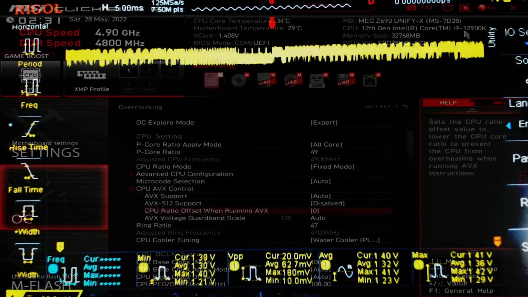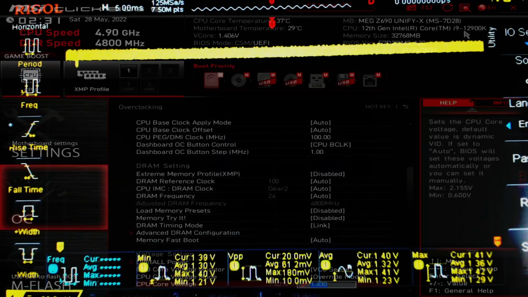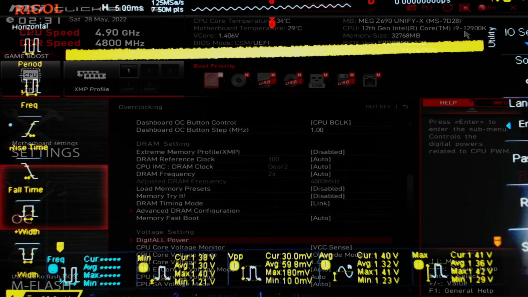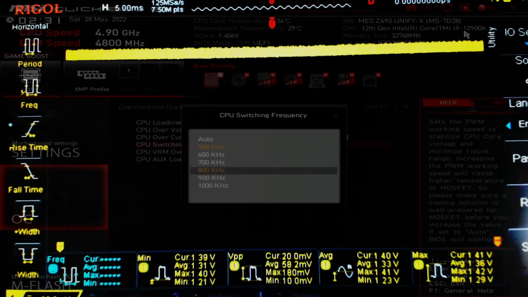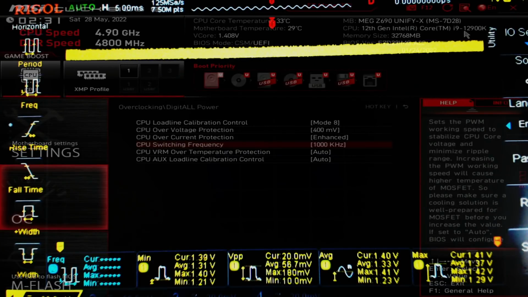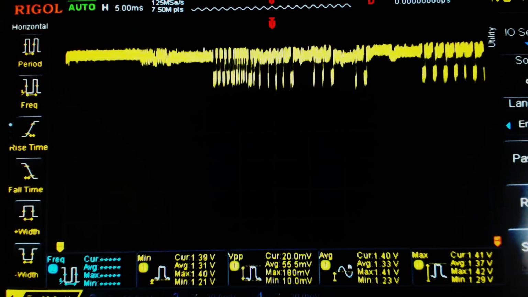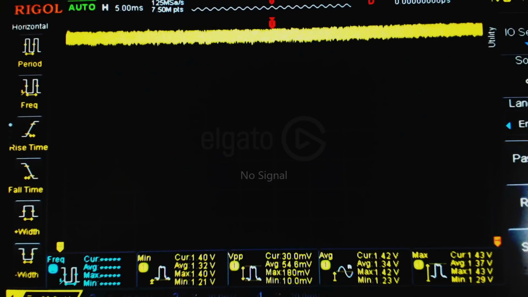Okay, 1000 kilohertz, here we go. Mode 8, 1000 kilohertz, 1.43 volts.